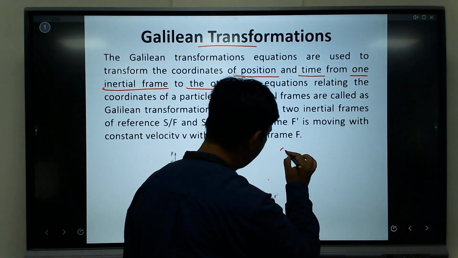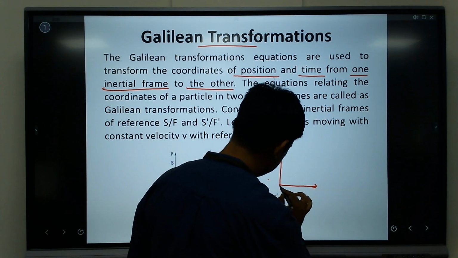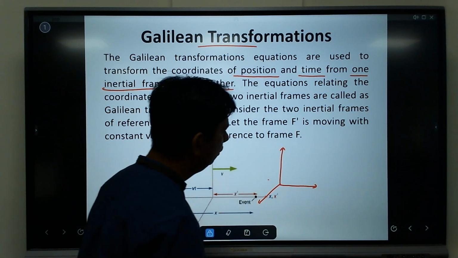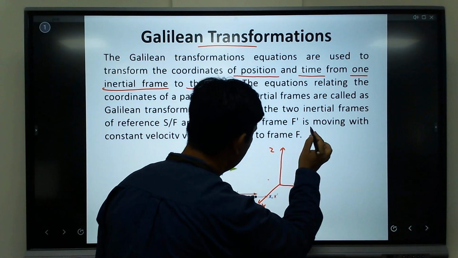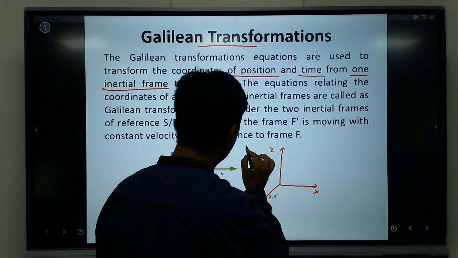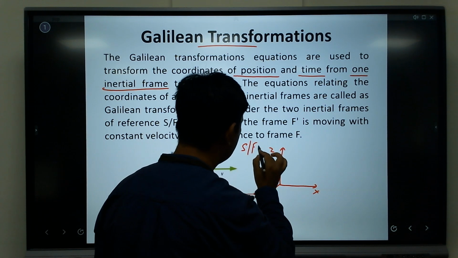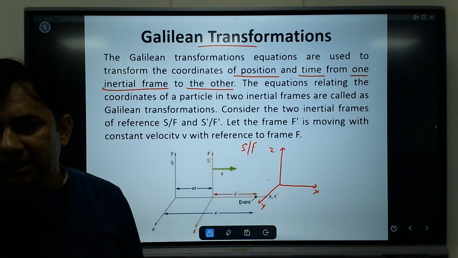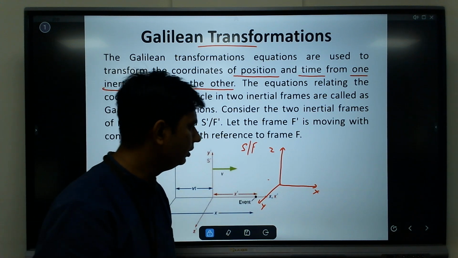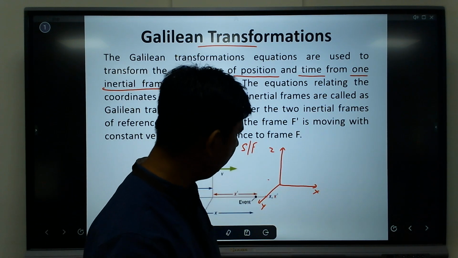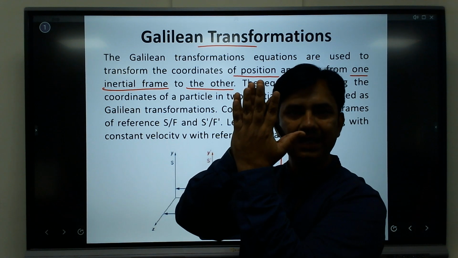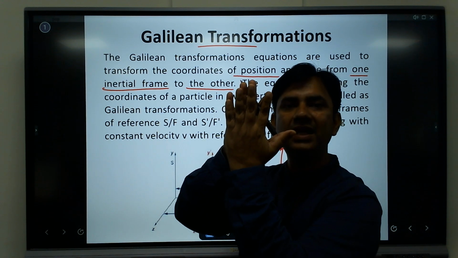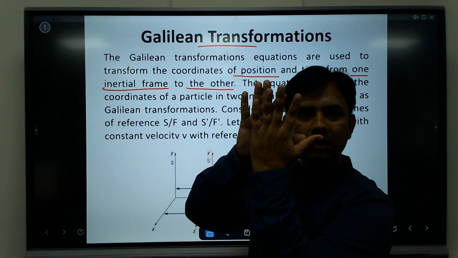Suppose we have two frames. This is my x, y, and z, and we can call it S or F, whatever we want. It is a constant frame. Now we consider another frame which is coinciding with it, and at time t we start moving it like this.